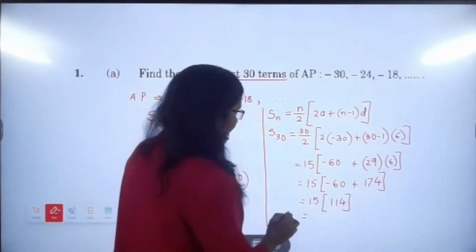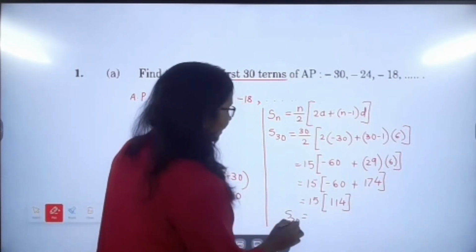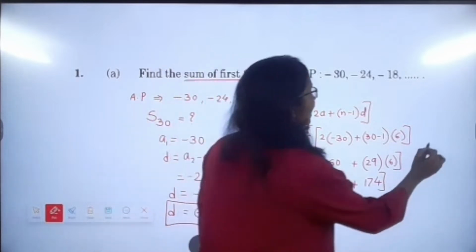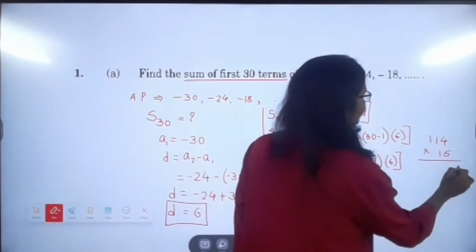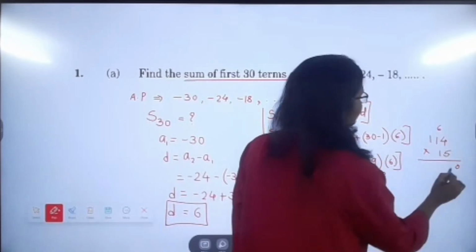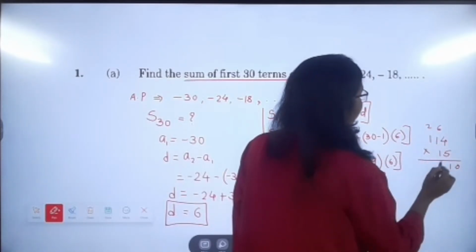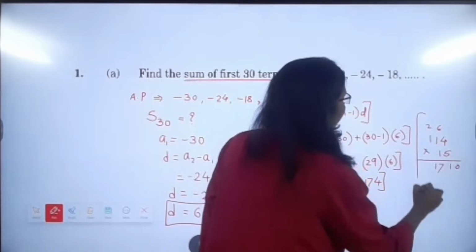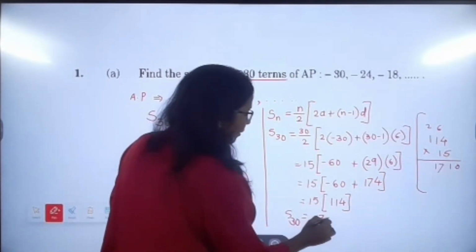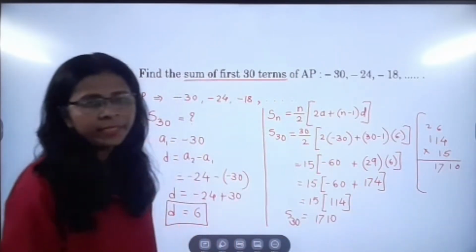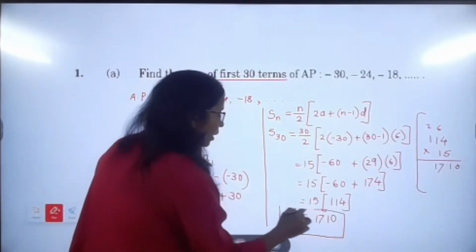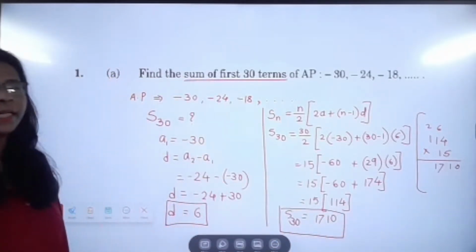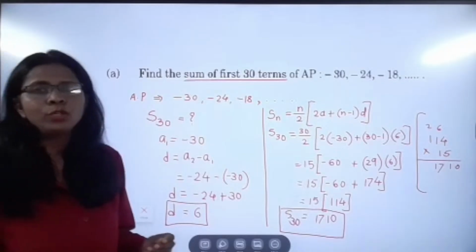Then S30 is 114 multiplied by 15, which is 1710. S30 is equal to 1710. Now we have to write down the final answer.